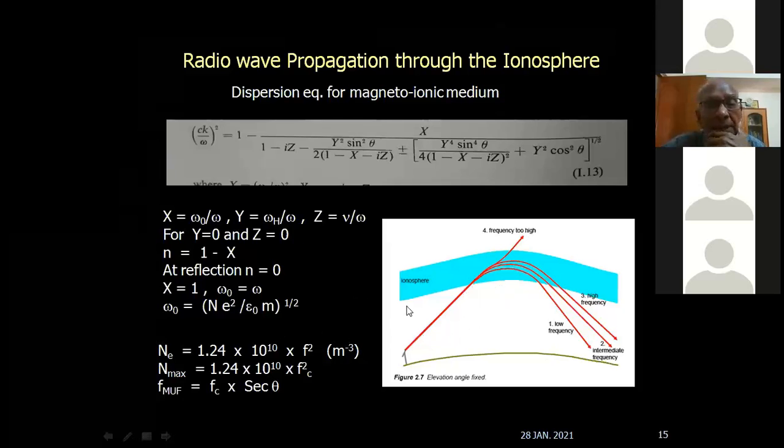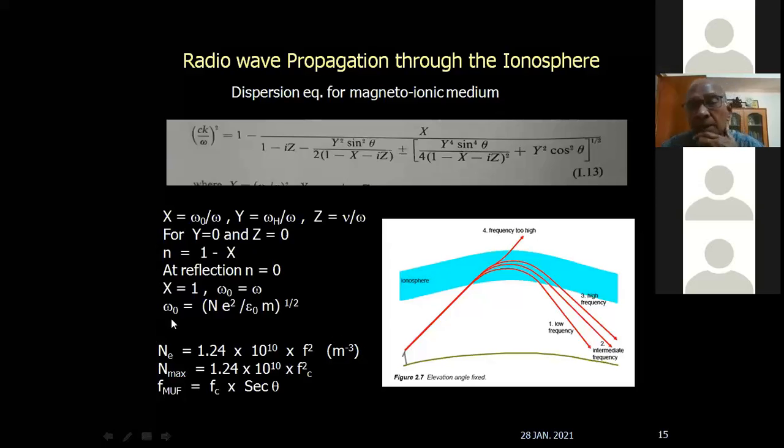So if the conducting layer has a maximum electron number density, then there will be a corresponding maximum plasma frequency. Plasma frequency is nothing but the oscillation that occurs if the electrons are displaced slightly in the conducting region.